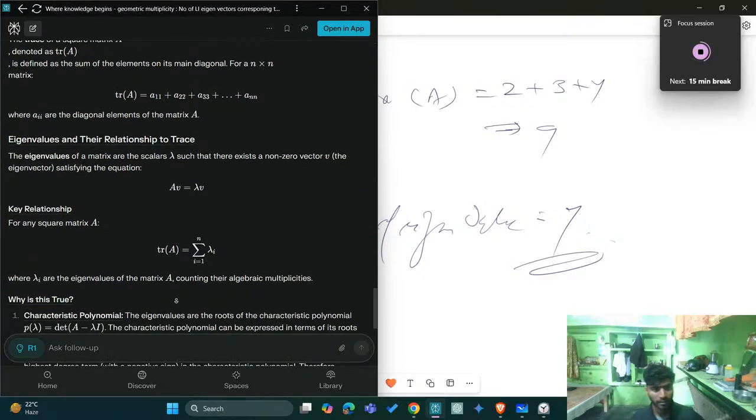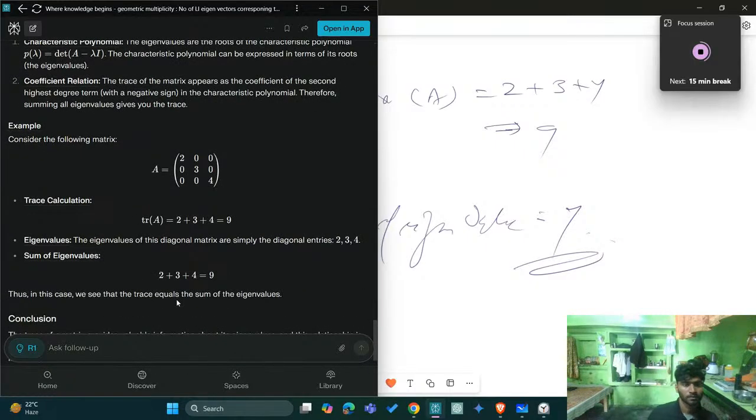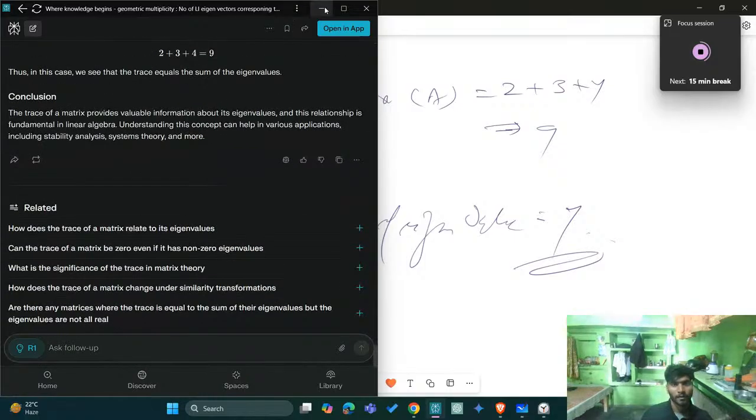For any square matrix, this is true. All right.